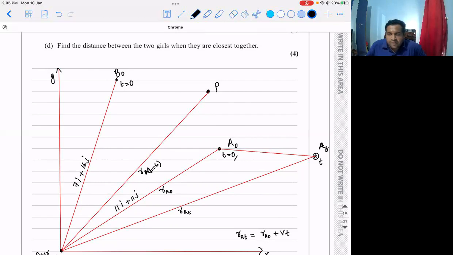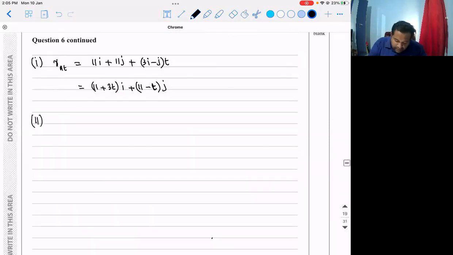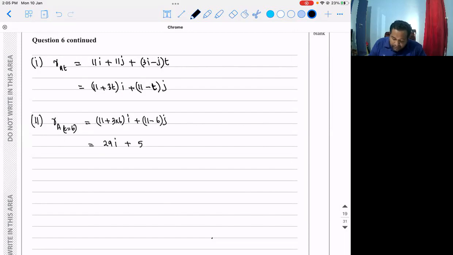So could you please calculate the position vector of Agatha at t equal to 6? How? You will simply input the value 6: 3 times 6 times i plus (11 minus 6) j. So that implies 21i plus 5j.